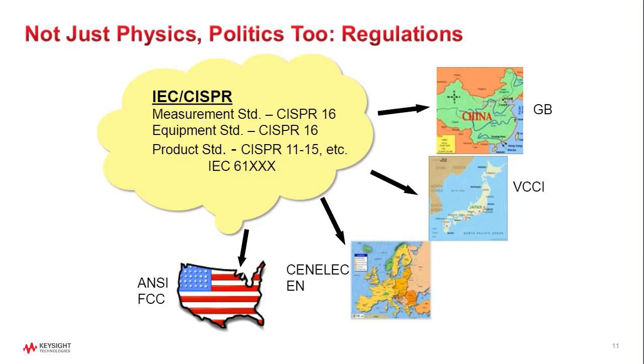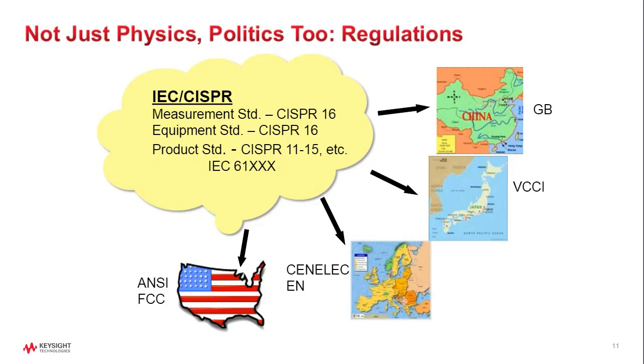And I took enough Latin to know that I shouldn't try and pronounce French, so I won't try and pronounce the name of it. But it's a special committee, a European special committee for radio and electronic interference. And it's broadly adopted with many different standards for different application areas. We'll talk today very specifically about CISPR 25, which is automotive.